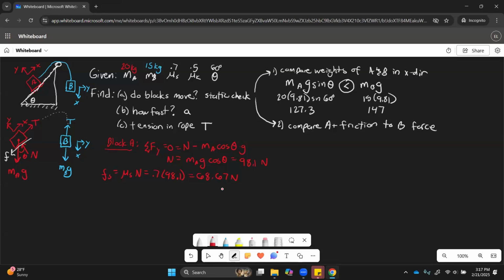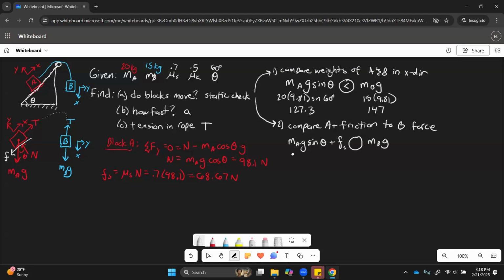Now we can go back over here to our static check, and we'll just add in the friction force to the situation we've got going on at the top. Friction is going to oppose the motion; friction is going to help pull A down the plane, or really prevent B from pulling A up the plane. So we'll have MA g sine theta plus static friction, and compare that to mass of B times gravity.